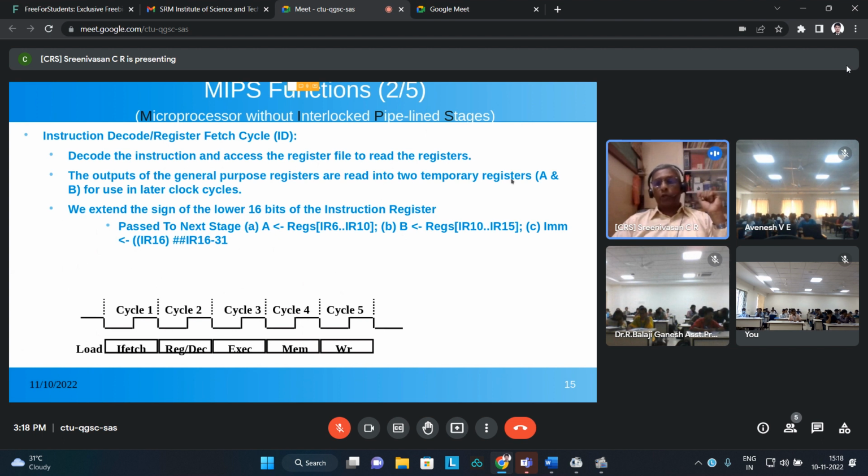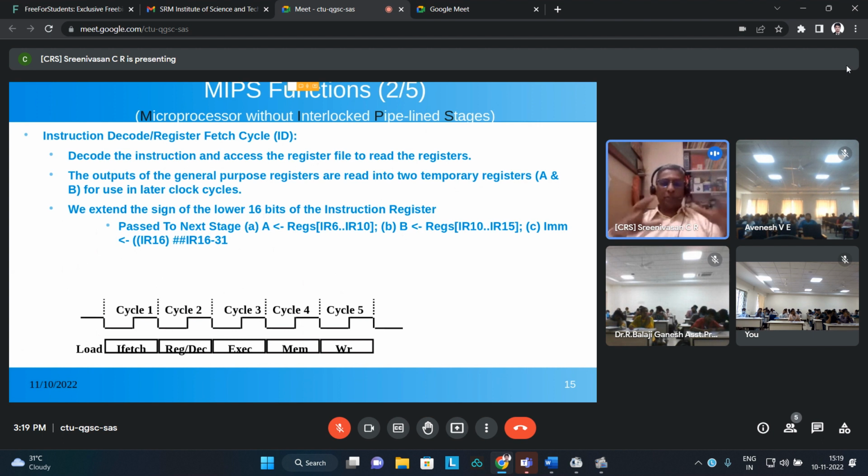And then we read into 2 temporary registers, A and B. I'm just naming them A and B here. It could be AX, BX, right? Register A or register B, whatever you want to call them. And we extend the sign into the lower 16 digits, because your system is either a 16-bit, 32-bit, or 64-bit computer.